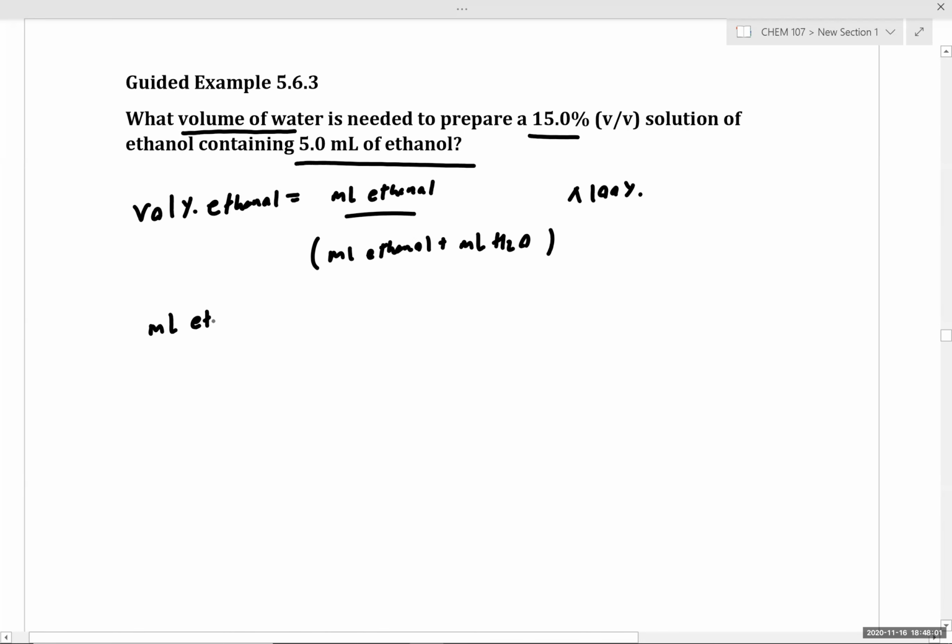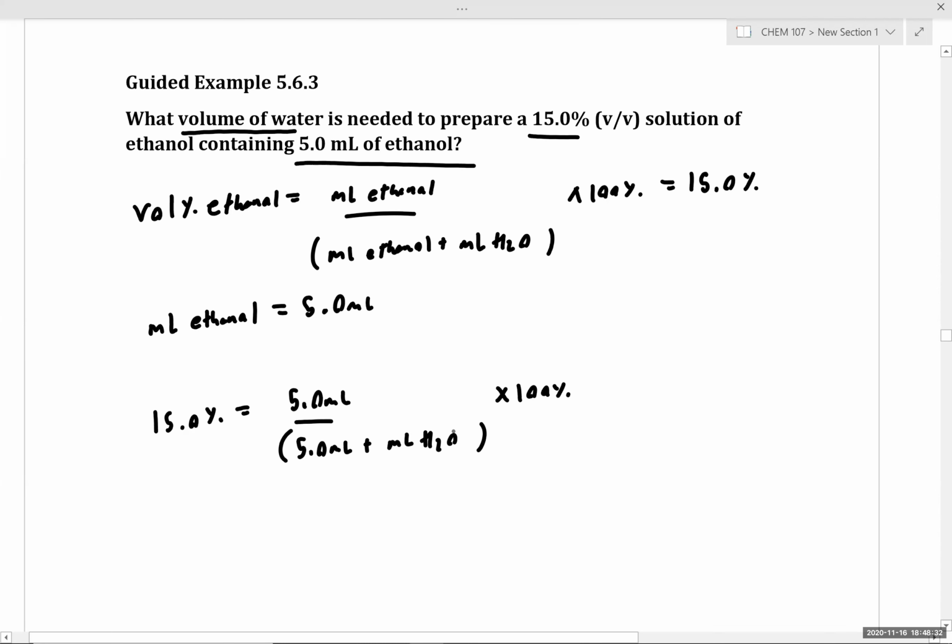And we know that the milliliters of ethanol, which is our solute, is 5.0 milliliters. And we also know that our volume percent is 15.0%. So then, substituting, we have 15.0% is equal to 5.0 milliliters over 5.0 milliliters plus the milliliters of water.